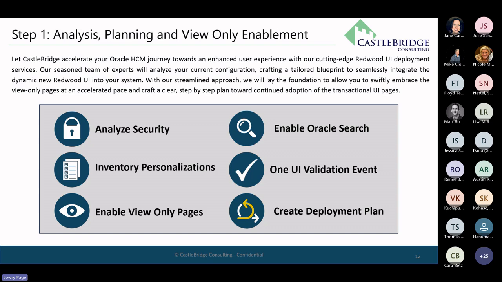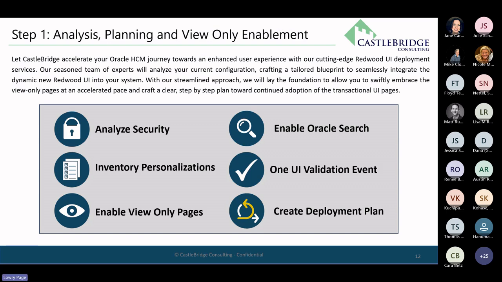What CastleBridge has done as a company is we've mapped out applications and roles in buckets, meaning these are employee roles, these are manager roles, these are administrator roles, which allows us to quickly go into clients and say, let me take a dump of all of your custom roles. And I can easily map that to, for this role, you need to add these privileges to it, which makes that piece very efficient to update those security components.